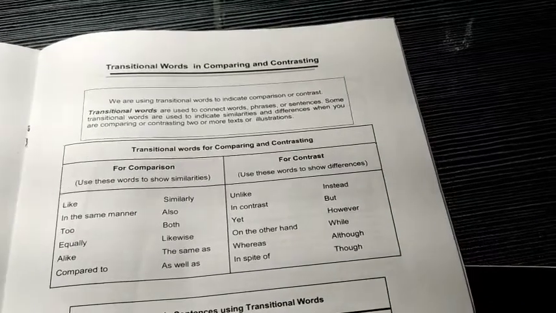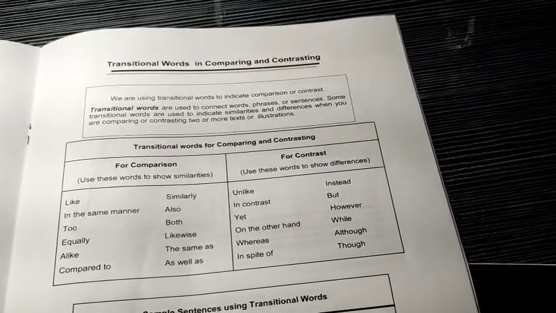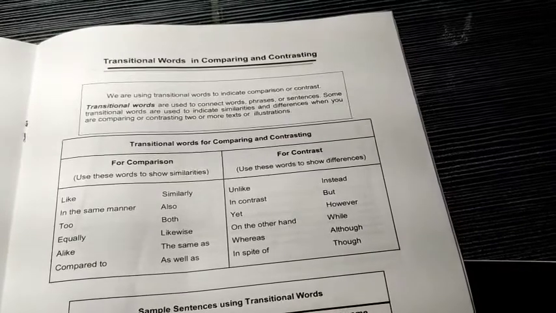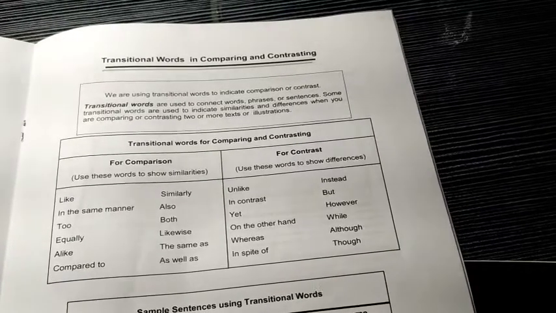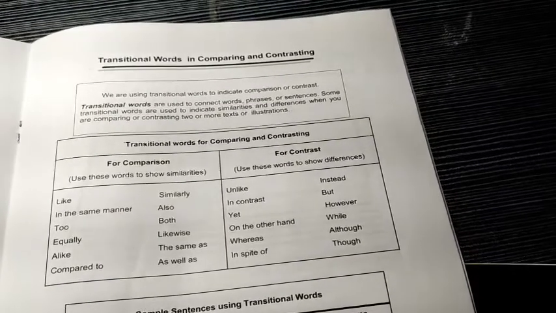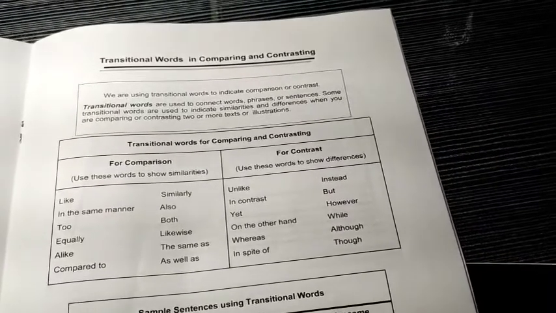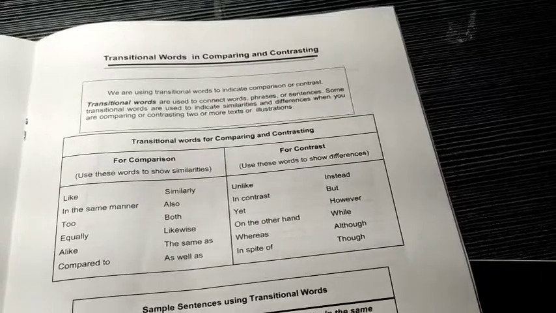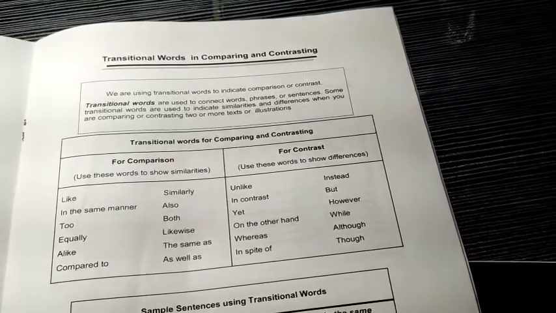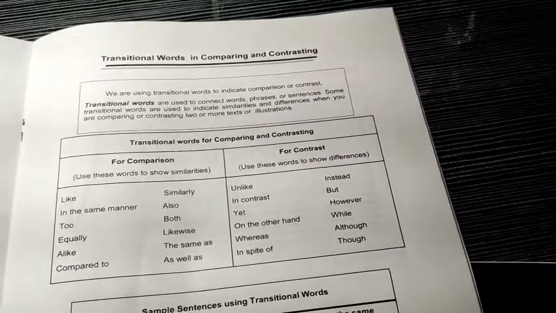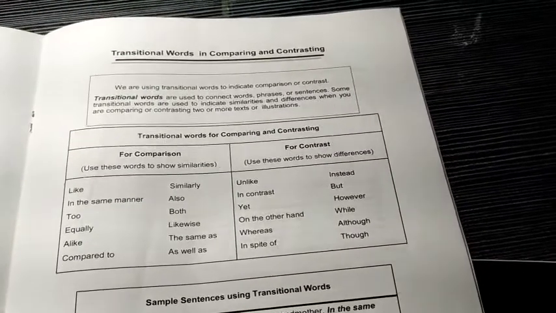Another example, text A is all about a girl who is having difficulty in online studying. On the other hand, in text B, there is a boy who is not having any difficulty because he is used to online studying since before. So we have the differences between the characters.